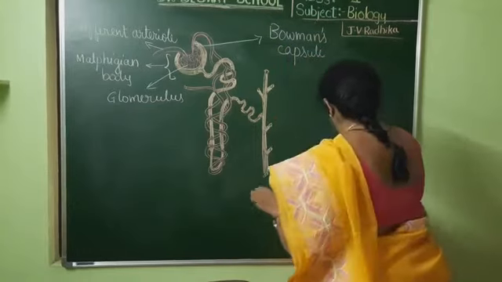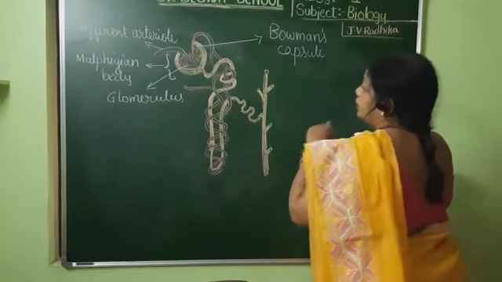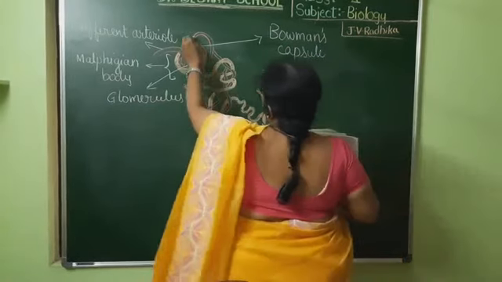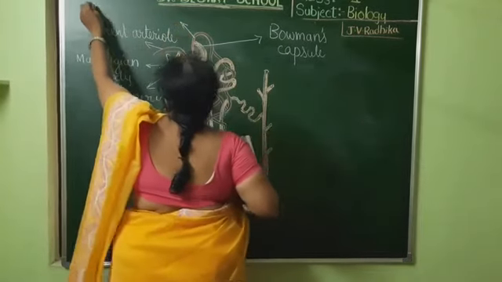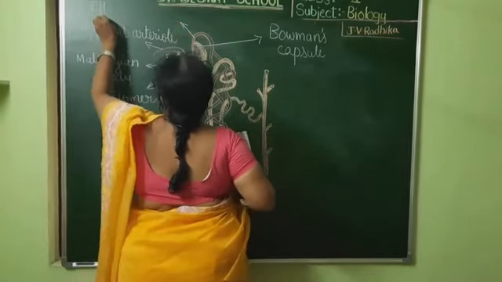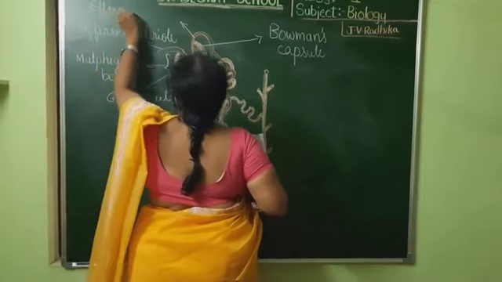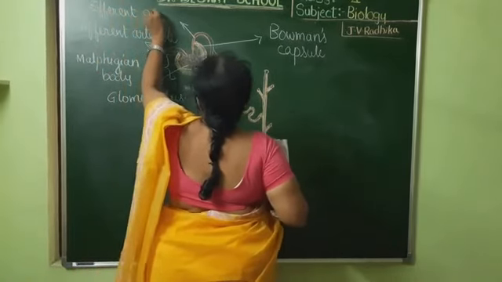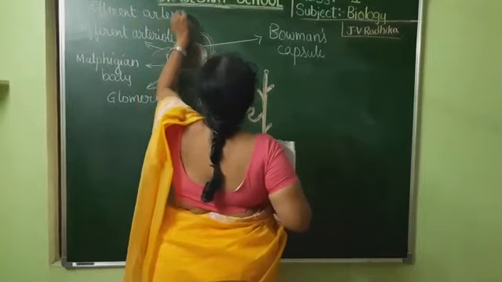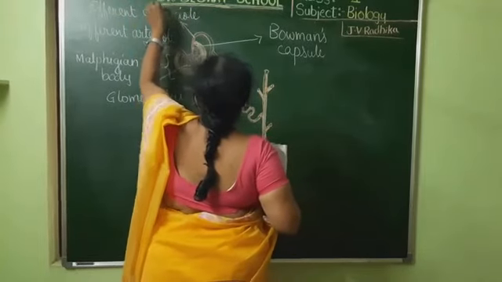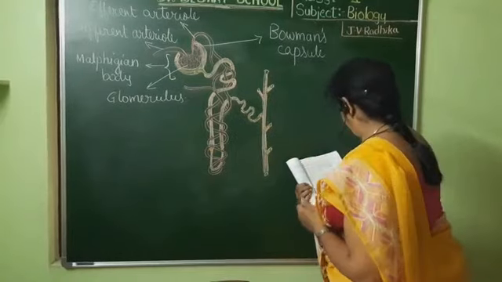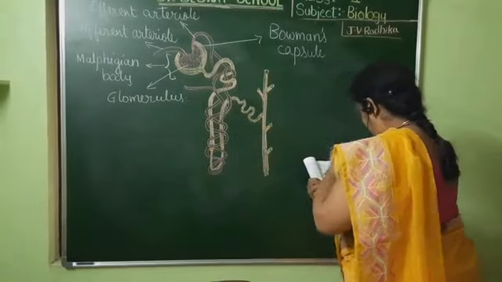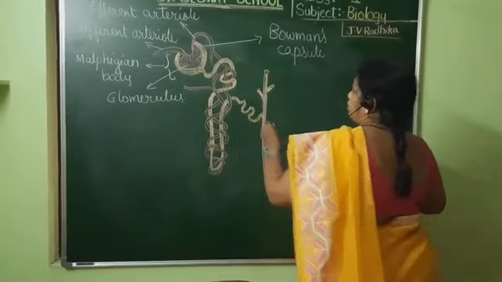Next one, this is the afferent arteriole. This one that is coming outside is called the efferent. The afferent is entering, the efferent is coming out. Understood? Next one is the first part of the tubule, the first convoluted tubule or the PCT.